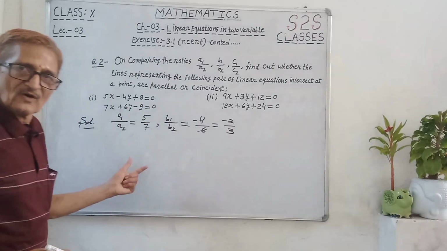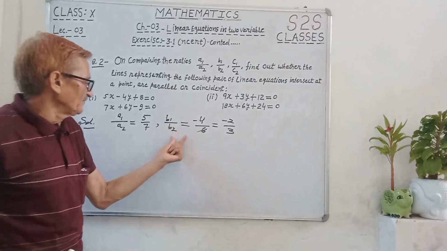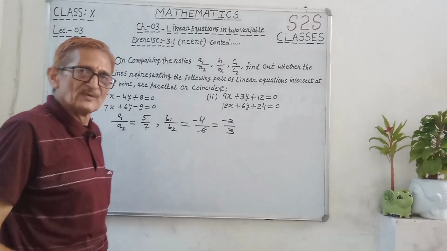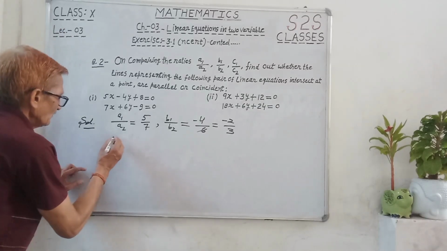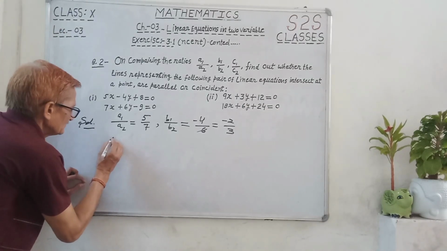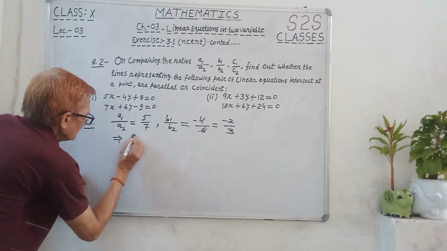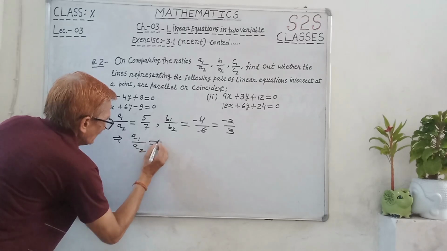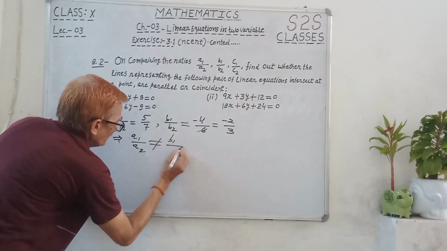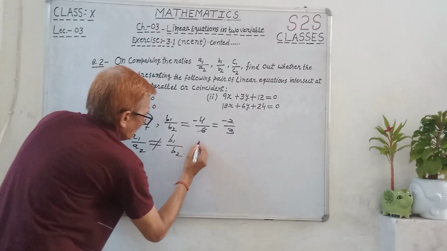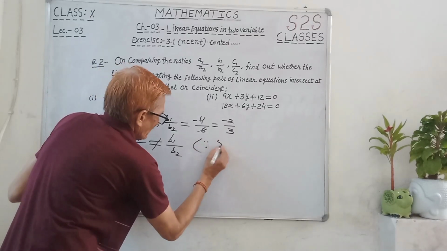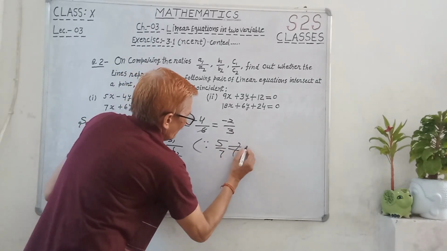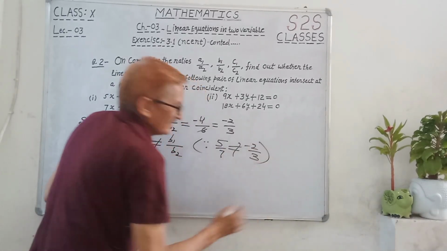So now observe here, the A1 upon A2 and B1 upon B2 ratios are not equal, because this is 5 upon 7, this is minus 2 upon 3. Both are not equal. So this implies A1 upon A2 not equal to B1 upon B2, because 5 upon 7 is not equal to minus 2 upon 3. Clear this?